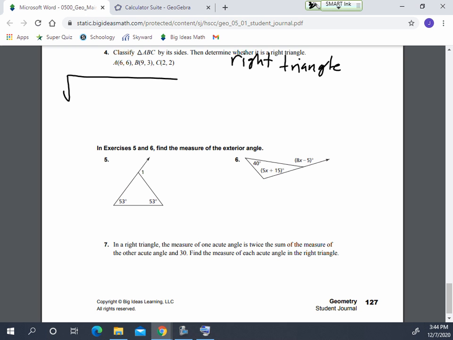So from A to C, I have 6 minus 2 squared plus 6 minus 2 squared. I have 4 squared, which is 16, plus 16, and the square root of 32 is approximately 5.65.